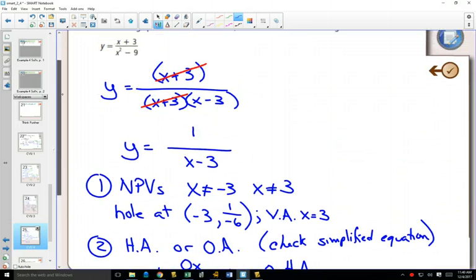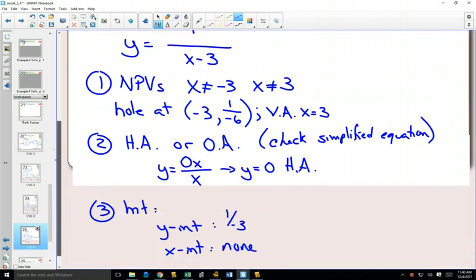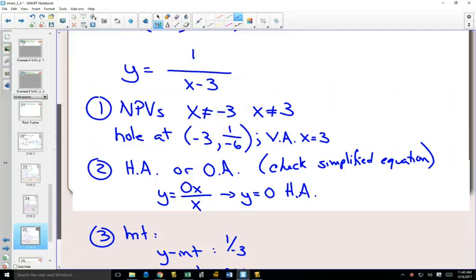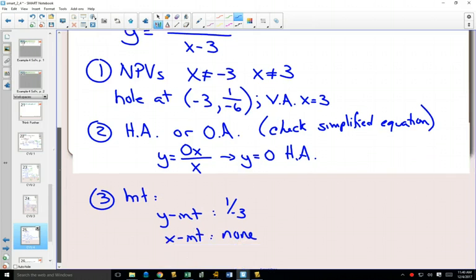If you had checked your original equation, you would have said negative 3 was your x-intercept. But negative 3 was our non-permissible value. And when it's simplified, what we're actually graphing is the simplified version and adding a hole to it. So we only have a y-intercept at -1/3.